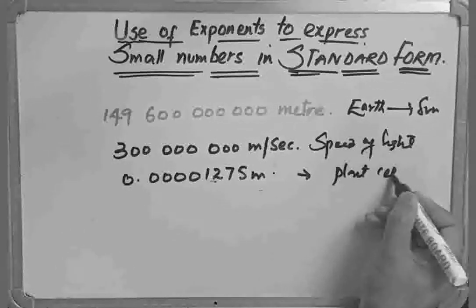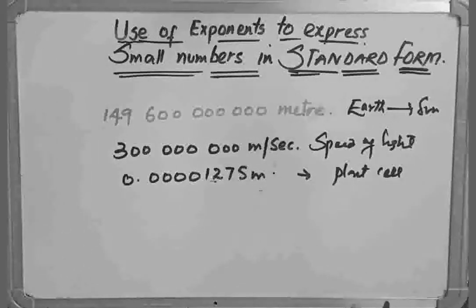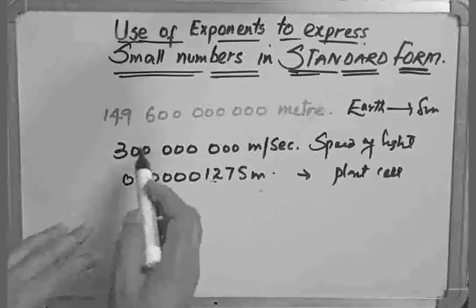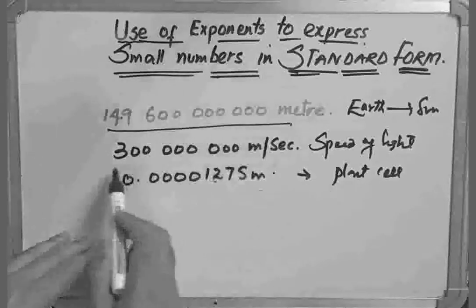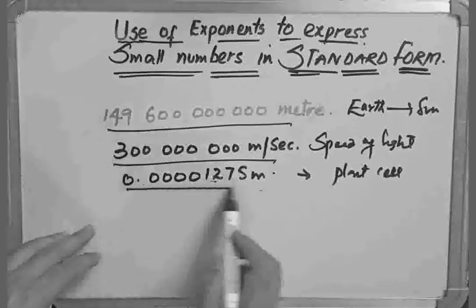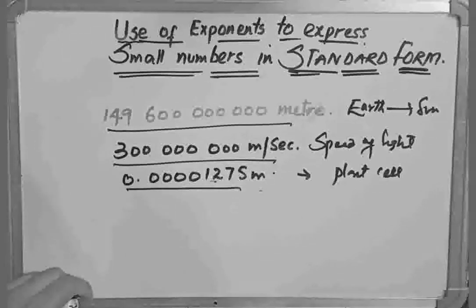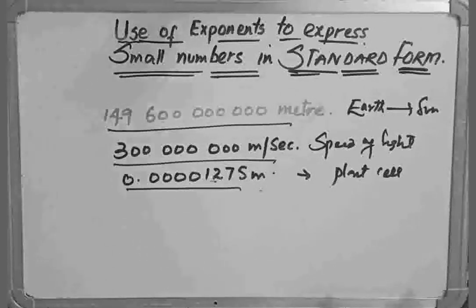If you try to answer a question like this, it is very difficult to communicate such numbers, and also very difficult to put such numbers on paper. Difficult to write these numbers.